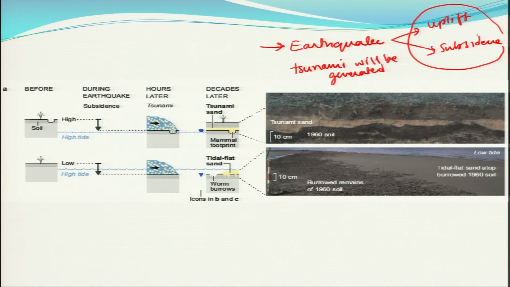In this case, what was observed during the 1960 earthquake was subsidence, because the area which was used for agricultural purposes is now getting inundated during high tide, and that indicates that the area has subsided. So sea level has remained the same, it did not fluctuate, but the area subsided.